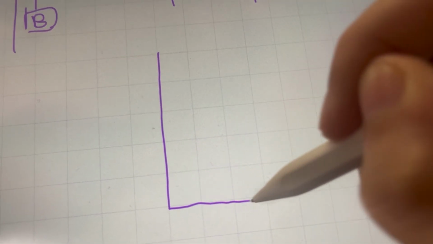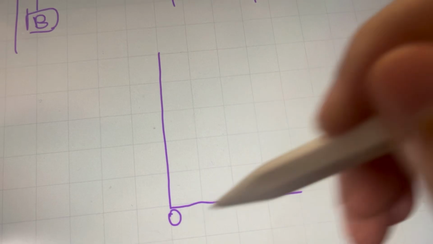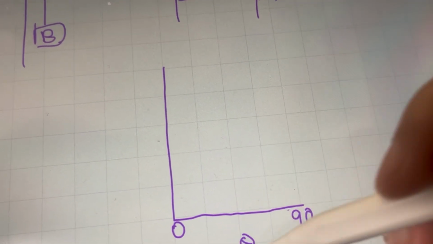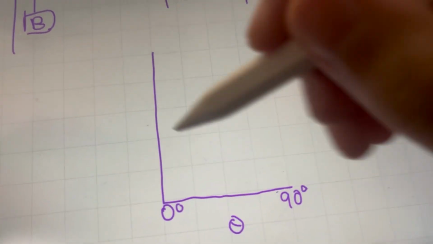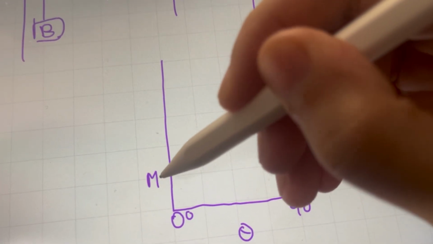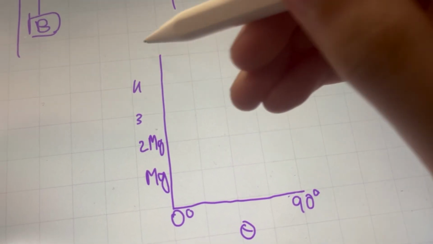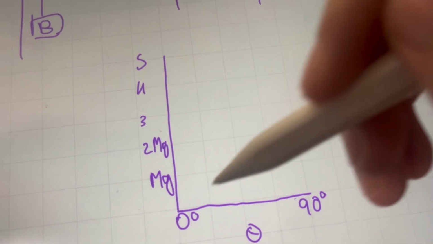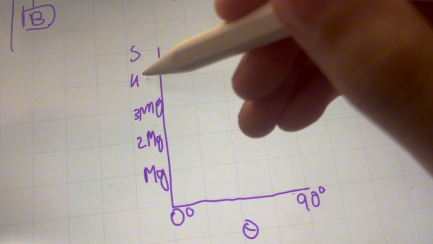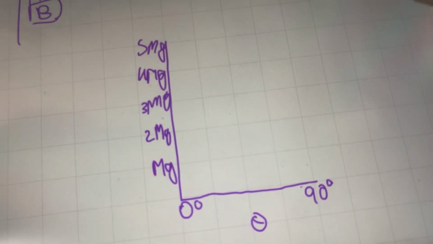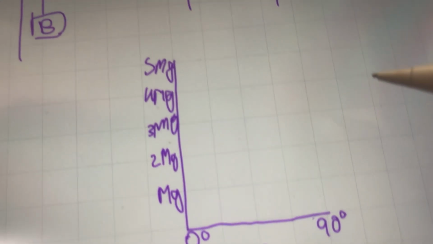Let me redraw it right here: 0 to 90 degrees, and then this is mg, 2mg, 3, 4, and 5mg.